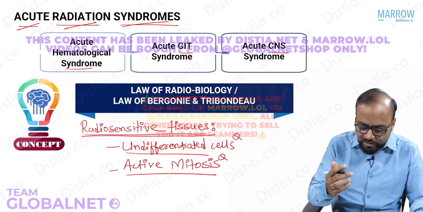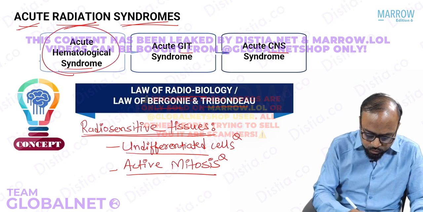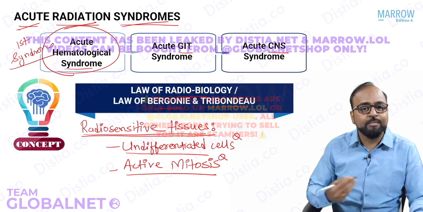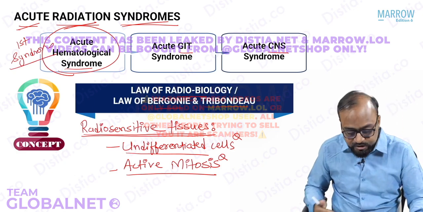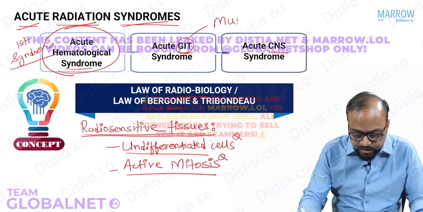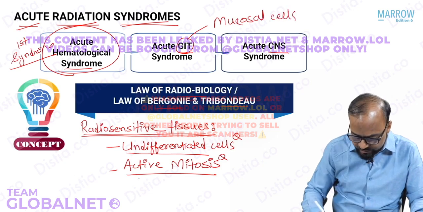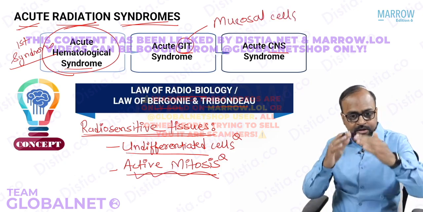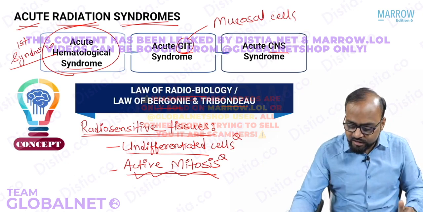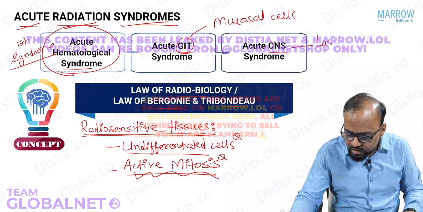And therefore, do you realize now the first syndrome to occur in the body is what? It is acute hematological syndrome. GI tract syndrome also occurs because in the GIT, it is the mucosal cells which are constantly dividing. They are constantly being replaced from the basal layers, right? So next is GI tract syndrome. CNS syndrome is one of the last syndromes.